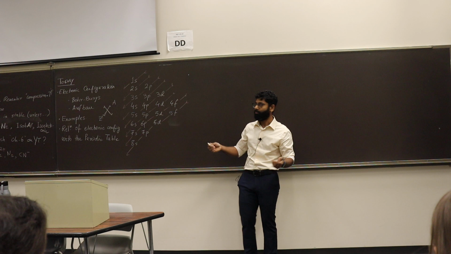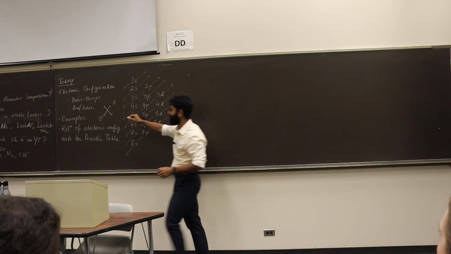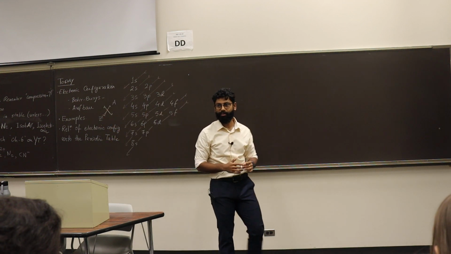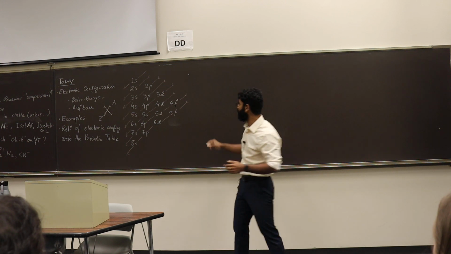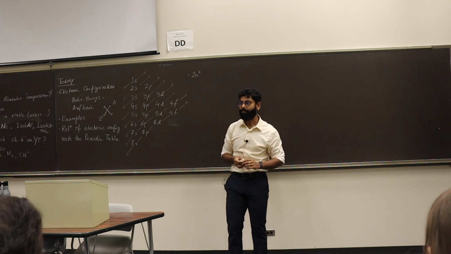Okay, so what were the two or three important things that we need to remember for the Bohr-Bury principle? For the people who saw the video or remember, this is the 2n squared rule that we did in high school, probably.